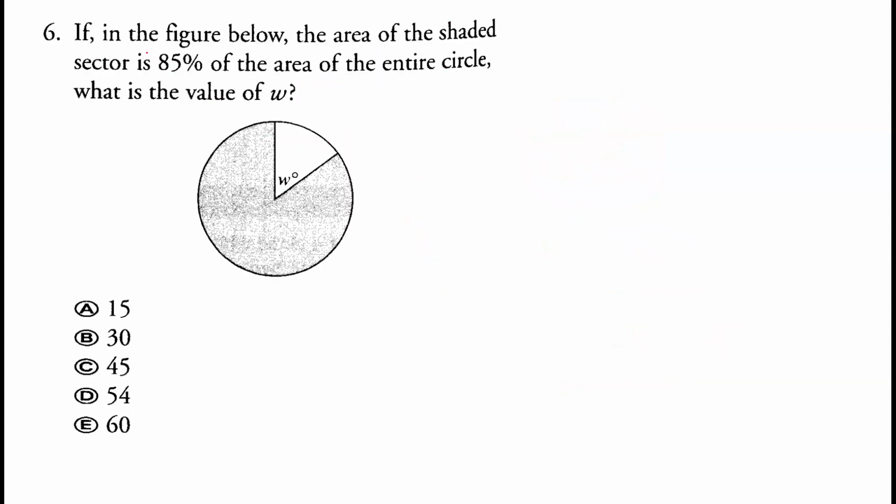Now question 6, if in the figure below the area of a shaded sector is 85% of the area of the entire circle, what is the value of W? Now there are 360 degrees in a circle. Now this area is 85%. Hence this angle would also be 85% of 360, because the area would be 85%.